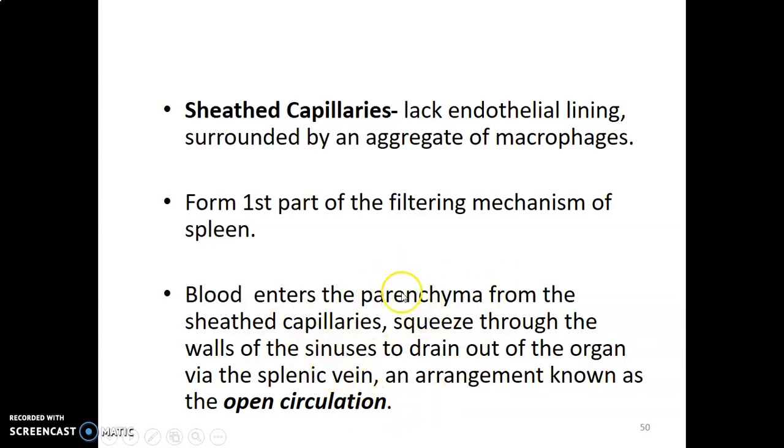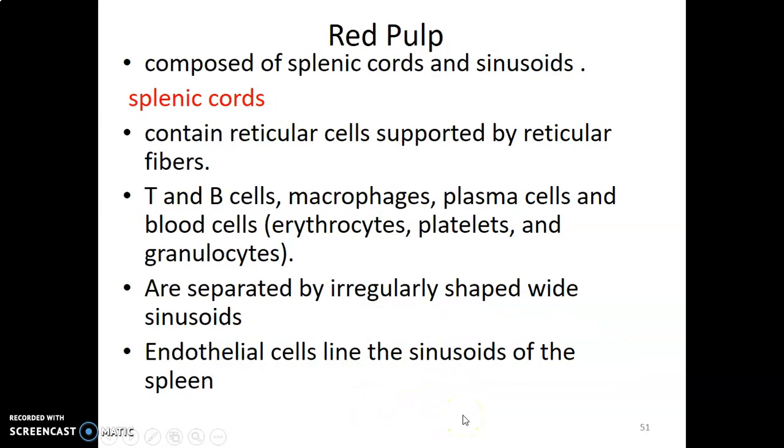So the circulation in the parenchyma is the open circulation, and the circulation within the endothelial lined channels is the closed circulation. The red pulp of the spleen is made up of splenic cords and splenic sinusoids. The splenic cords are the Billroth's cords. The red pulp is made up of reticular cells supported by reticular fibers. Which other cells are in the red pulp?